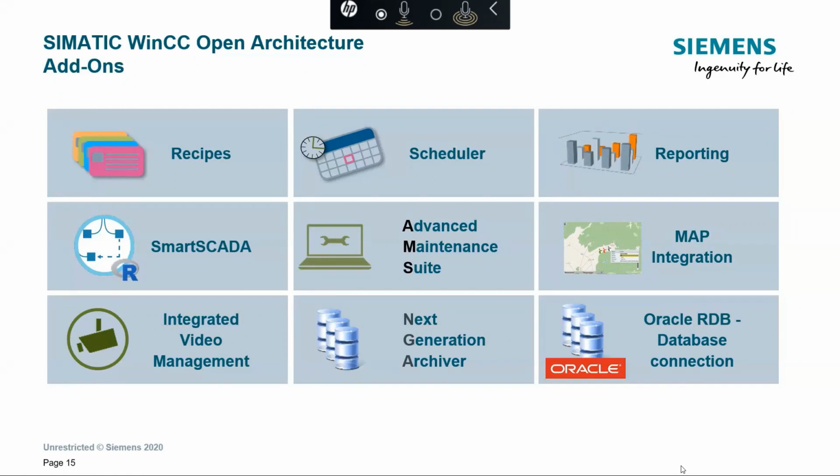Mostly here we're talking about third-party reporting tools. Smart SCADA, for statistical analysis and KPI calculations, offering an interface to R. And we have the advanced maintenance suite for managing equipment failures and planning the maintenance work in an efficient way.